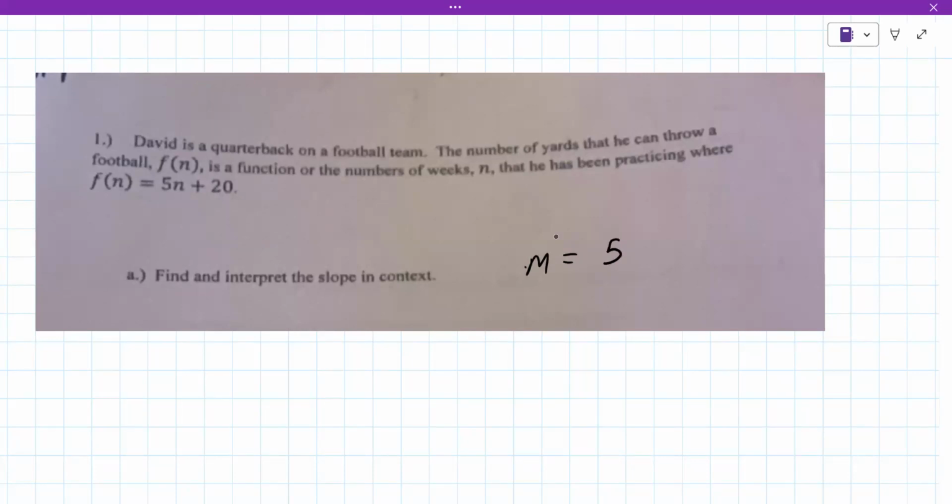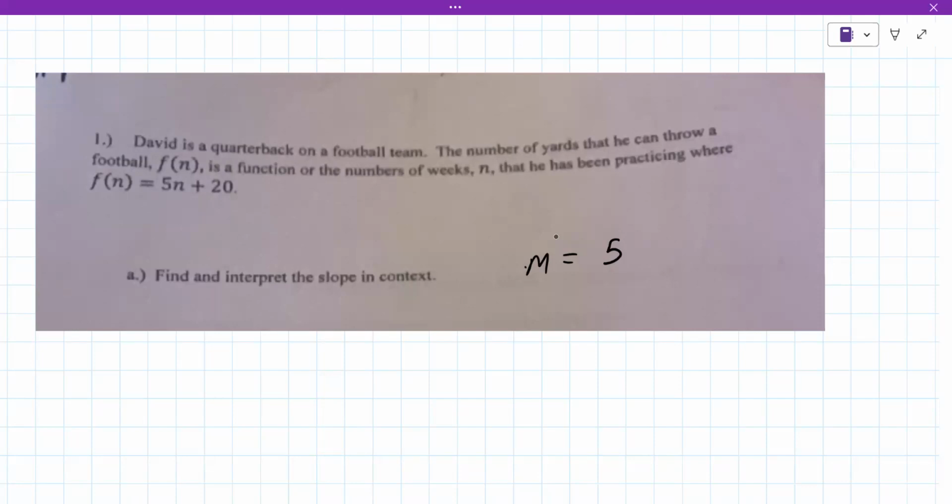Okay, and what does that mean in this context? Like, what is he doing each week? Every week something is happening.